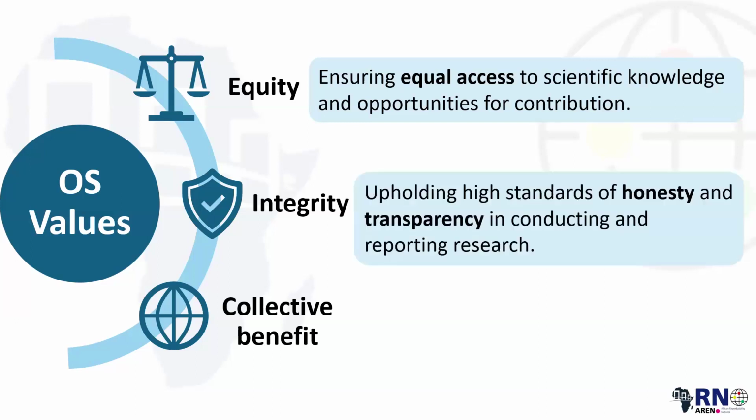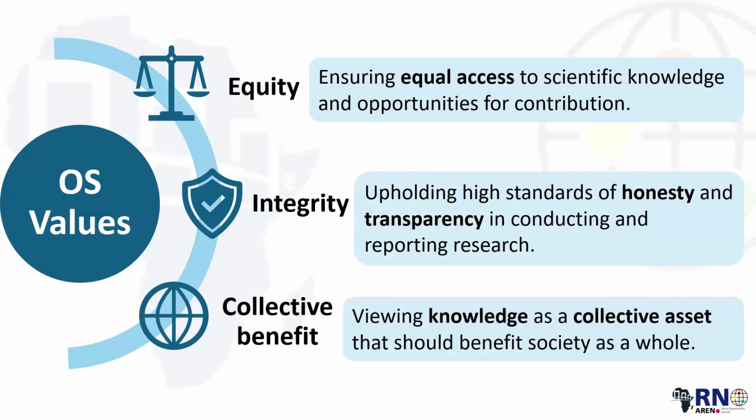By integrity, we mean upholding high standards of honesty and transparency in conducting and reporting research. And then finally, we have collective benefit, which is viewing knowledge as a collective asset that should benefit society as a whole.